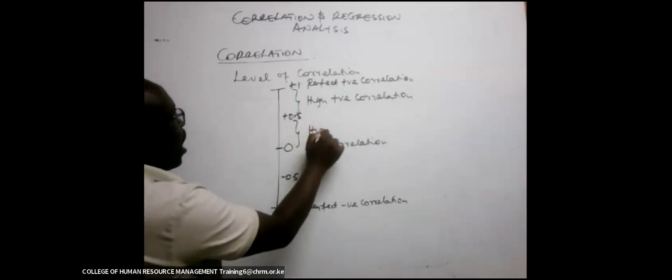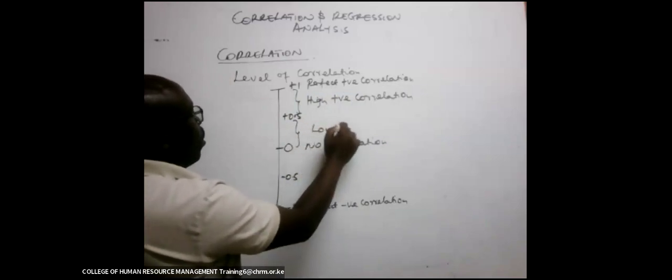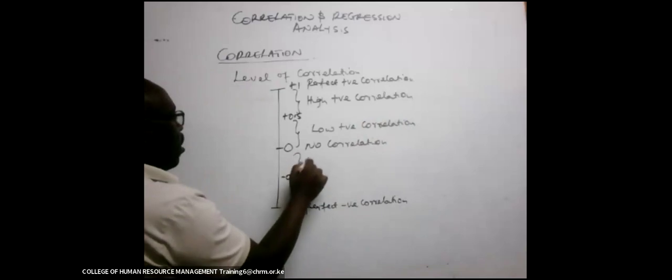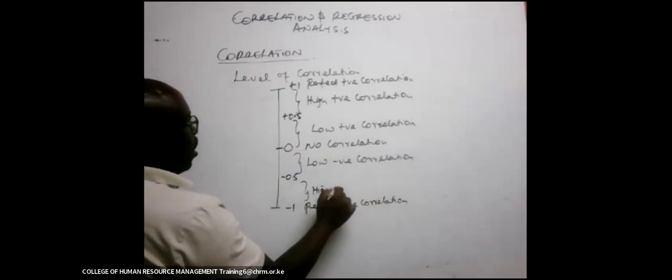When it is between this, it is a low positive correlation. This is a low negative correlation. This is a high negative correlation. These are the correlation coefficients.